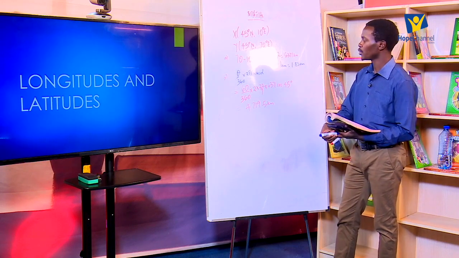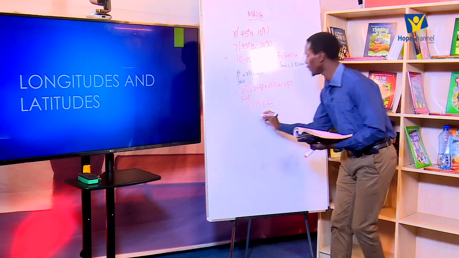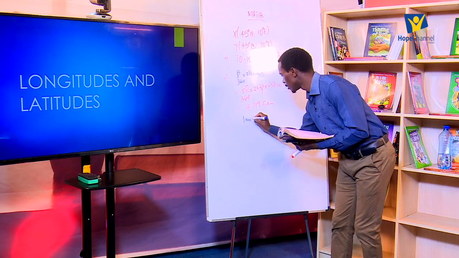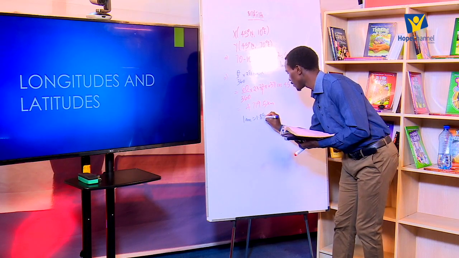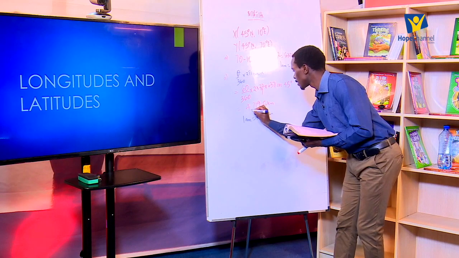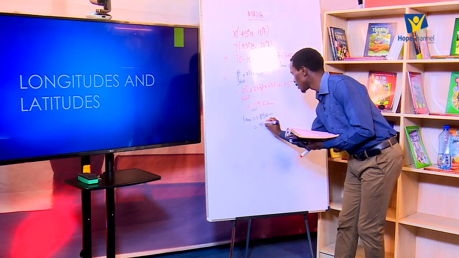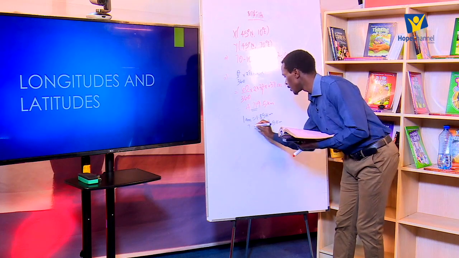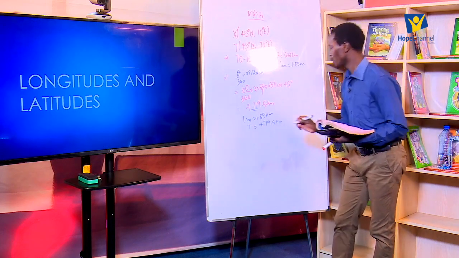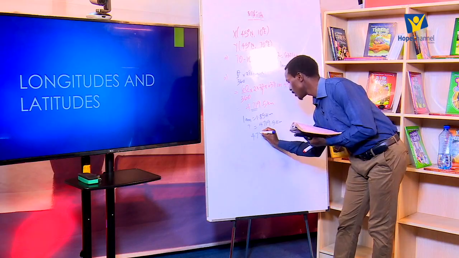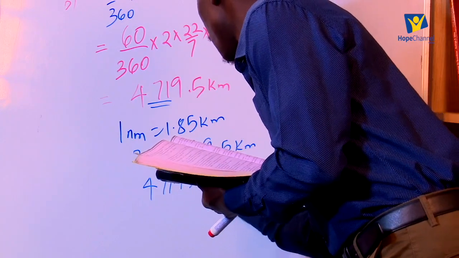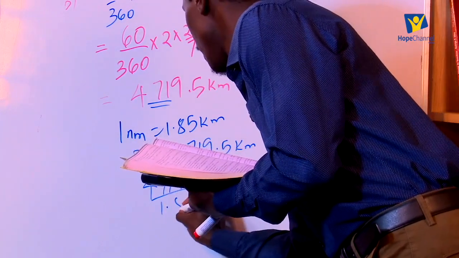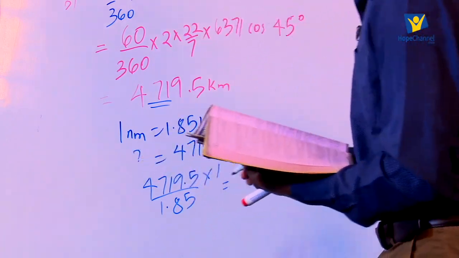So basically what you're going to do is, if 1 nautical mile is equal to 1.85 kilometers, what about the distance that you obtained? What about 4,719.5 kilometers? What will it be equivalent to? So it will be 4,719.5 times 1 over 1.85. So let's see what we get.